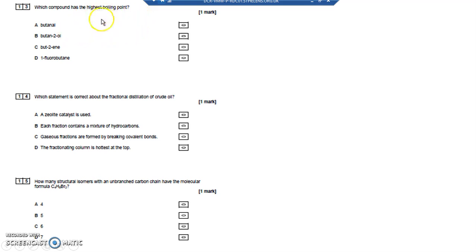The next highest boiling point is where you've got polar bonds. So say, for example, a carbon bonded to an oxygen, or a carbon bonded to a Cl, or a Br, or a fluorine. So you've got a polar bond there.